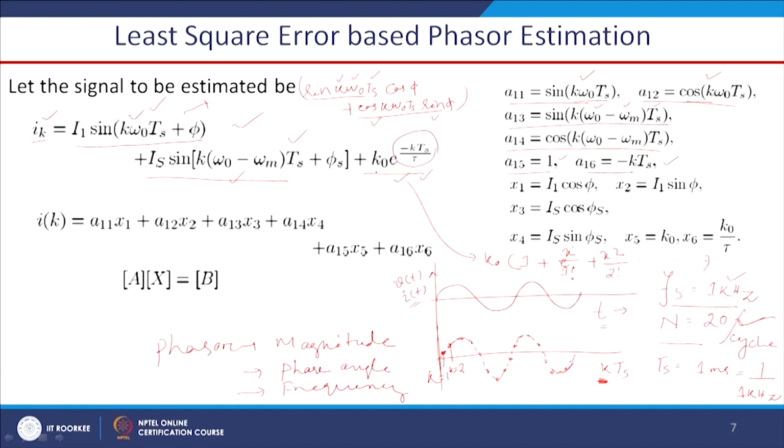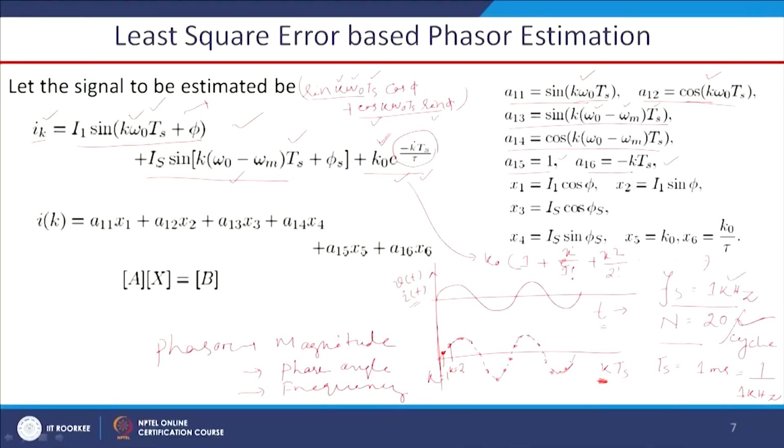You know, for this decaying DC component, k0 is the gain and tau is the decaying DC time constant, Ts is our sampling time period, and small k is the kth instant or sample position number. In this process we have two unknowns, k0 and the small tau, while small k and Ts are known to us.